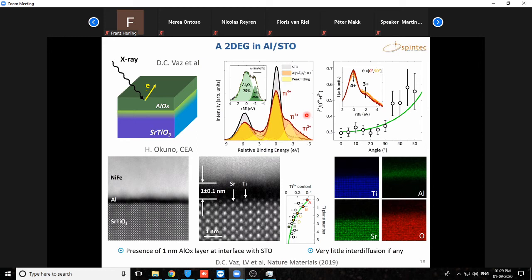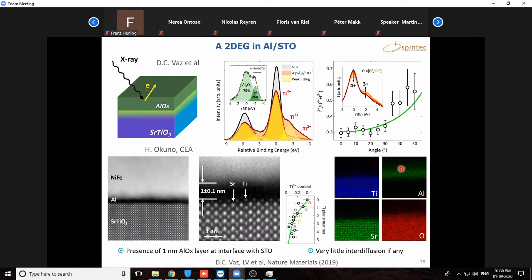So you can infer from the takeoff angle the extension of this titanium 3 plus reduction, and you find that it is around a few nanometers. This is confirmed also by STEM EDX and EELS experiments, where you see the titanium-terminated interface with the aluminum on top, and you see that the aluminum is getting oxidized.